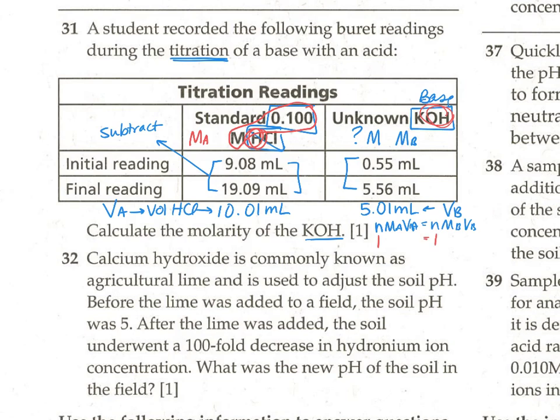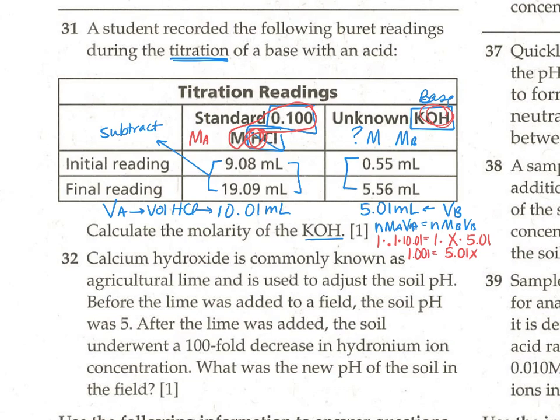The molarity of the acid is 0.1. The volume of the acid is 10.01. The molarity of the base is our unknown, and the volume of our base is 5.01. Okay, so when you solve this, 10.01 times 0.1 times 1 would be 1.001, and that's equal to 5.01x.